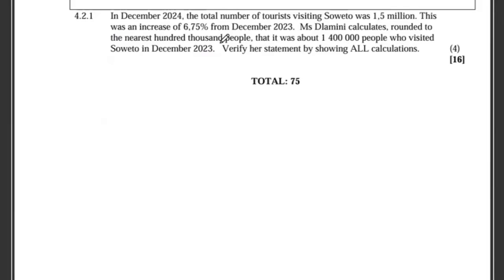Verify her statement by showing all calculations. Remember, there is this increase. So meaning there's a number that increases, 100 plus over 100. I believe you get something to do with this.